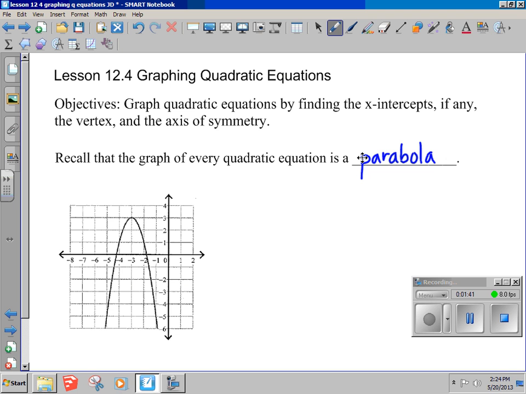The x-intercepts are where, what do you think the x-intercepts are? We talked about them in just linear equations. We know y-intercept is what? What's the y-intercept on a graph, Mary?